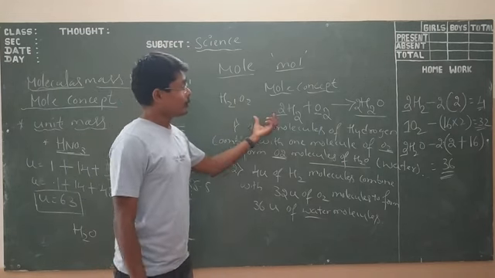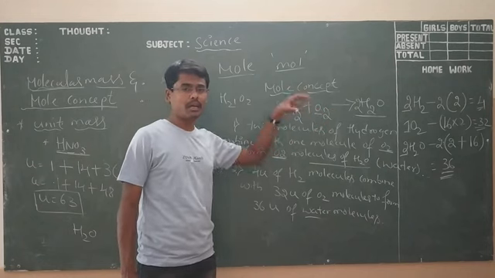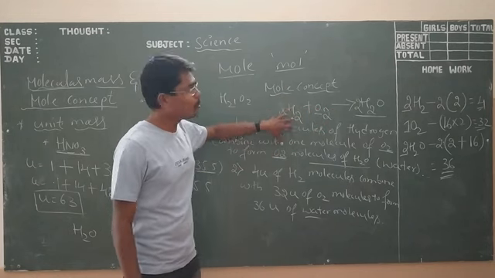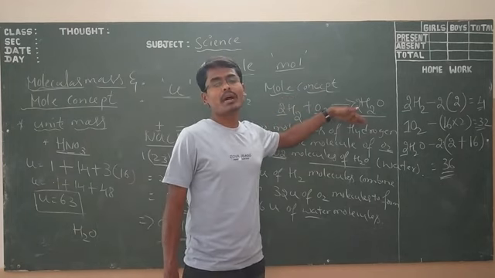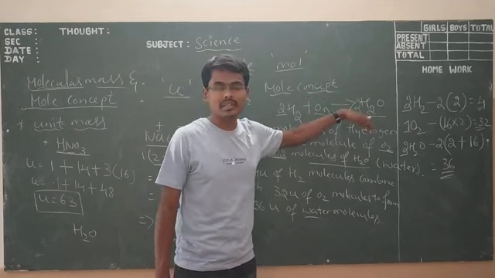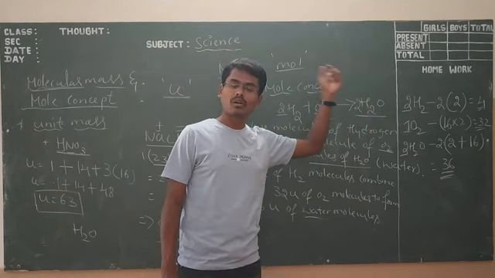Taking any chemical reaction, we look at how many atoms or molecules are directly involved in the reaction and producing this number of molecules.